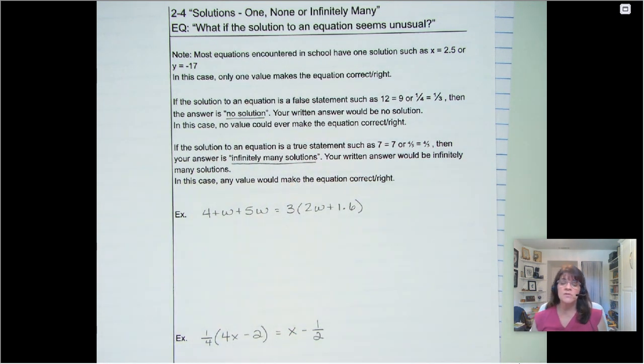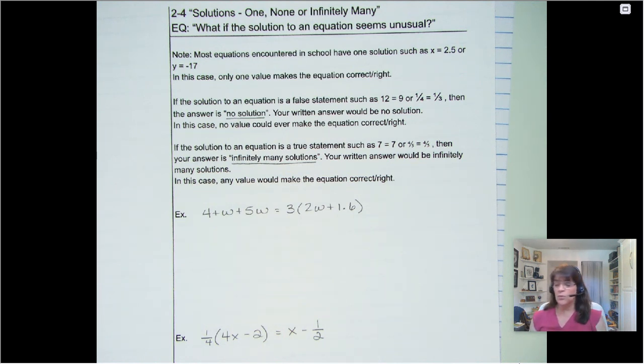What that means is no matter what number you ever put into that equation, it's always going to be true. If you were graphing them, they would be the exact same line. So that is what infinitely many solutions means, and that's what you would write down, infinitely many solutions.